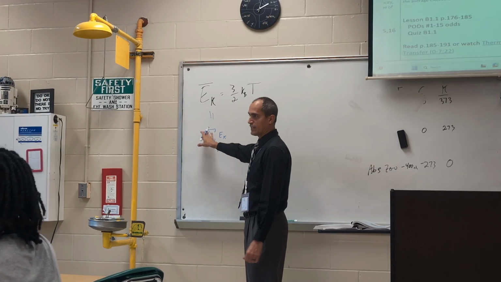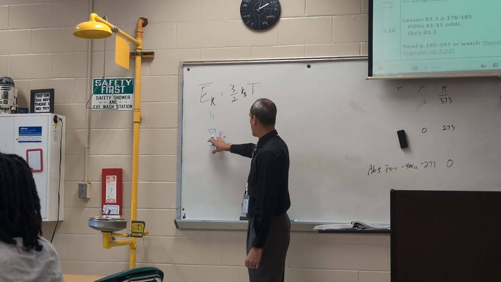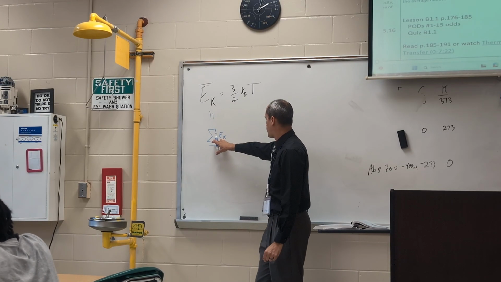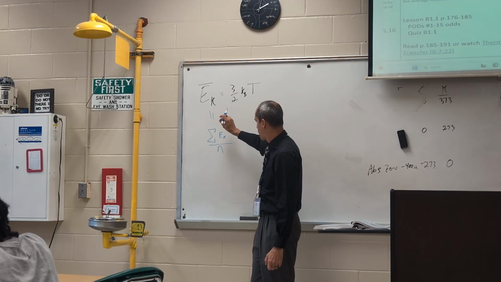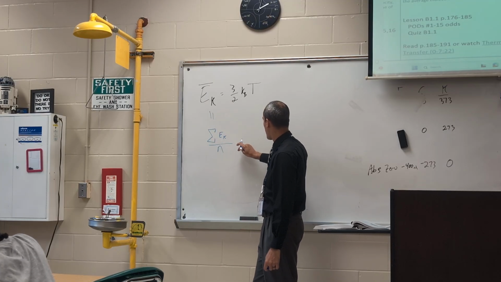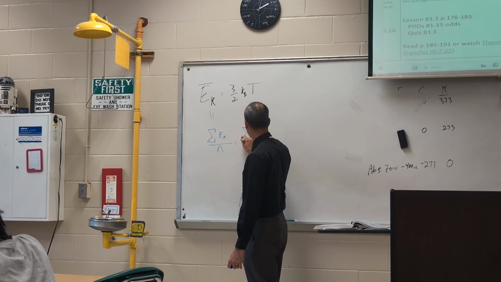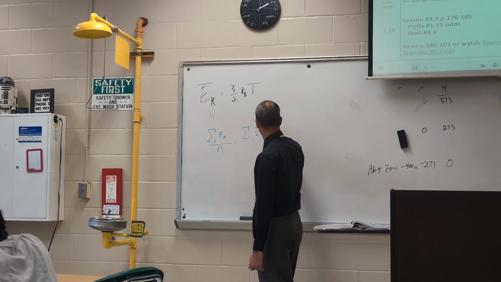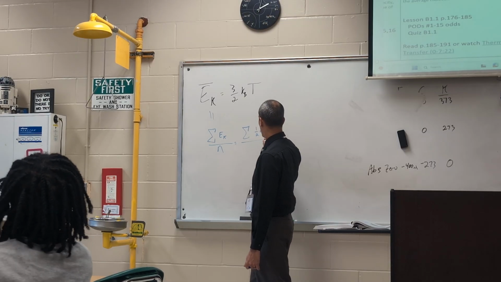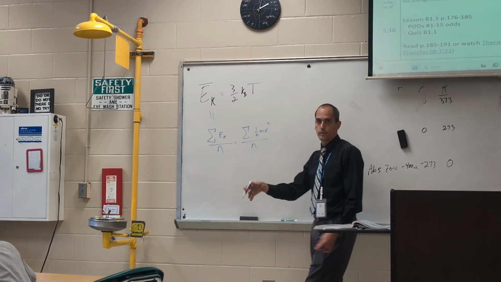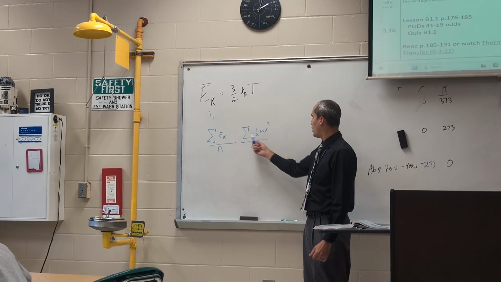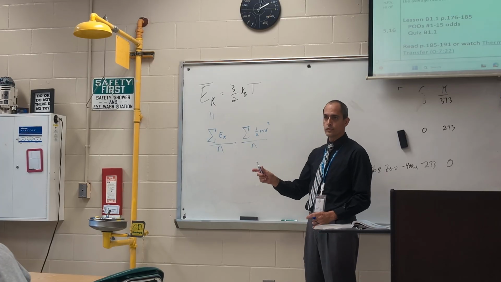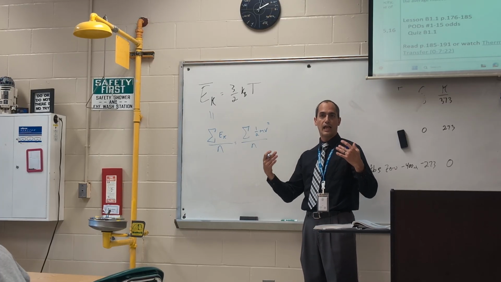So that's what this is, we're adding up all of the little tiny particles' kinetic energy. Now, if we were to break that down, that's going to be one half the mass of the particle times the speed of the particle squared, still divided by the number of the particles, because again, we are adding up all of those things. Let's assume that all of the particles are identical, as in an ideal gas.